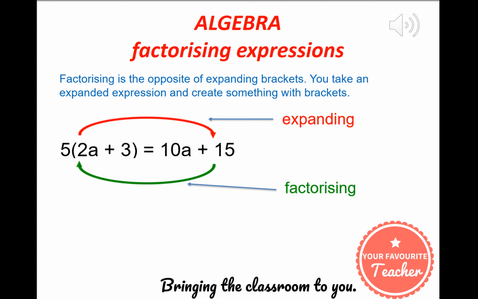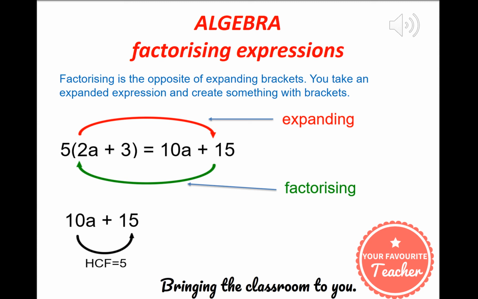So in other words, if I asked you to factorize 10a plus 15, what you need to do is first of all think, what is the highest common factor of 10 and 15? In this case, the highest common factor is 5.